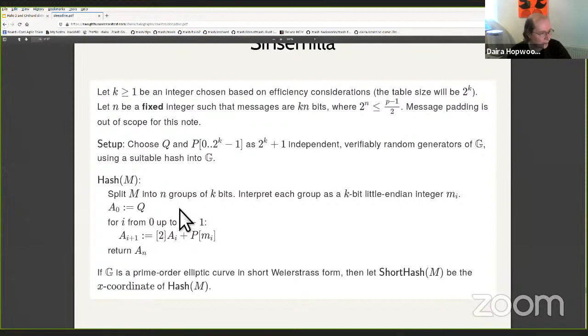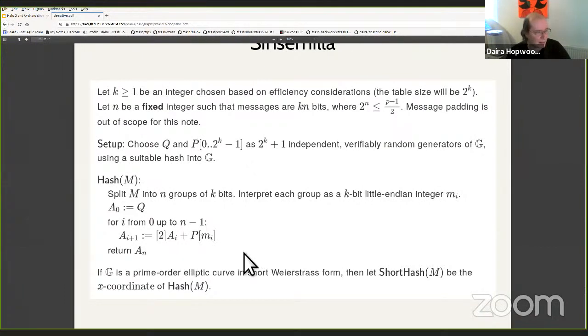So let's say that k is 10, which it is for the Orchard circuit. So we split the message into groups of 10 bits. Each of these is a 10-bit digit, and we use that to index into this array of generators.